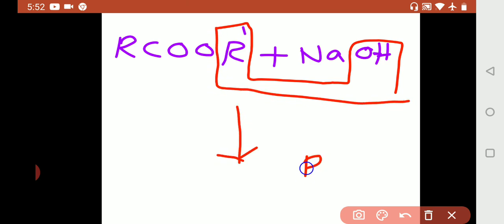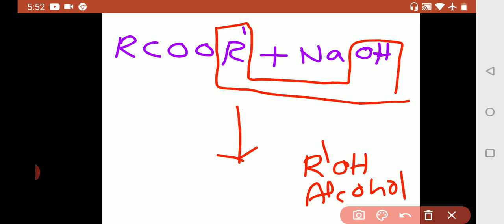So, what is this R'OH? Alcohol. Okay, alcohol. And what is the remaining part? RCOONa, that is the sodium salt of carboxylic acid. Okay, so this is the remaining part. This is how to write this.